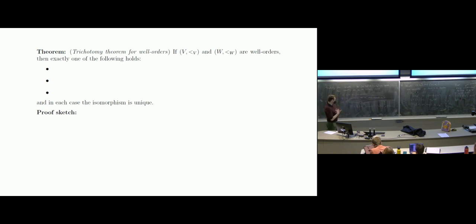And if the domain of F is not all of W, then technically you have to turn it around, because then it's an isomorphism from V to an initial segment of W. Okay, so this is the very slick set theory way of doing this intuitive idea all at once. But we're not going to prove this has any of the properties that I just said it has. So I don't want to. Okay, so the intuition here is that well orders are themselves comparable under length.